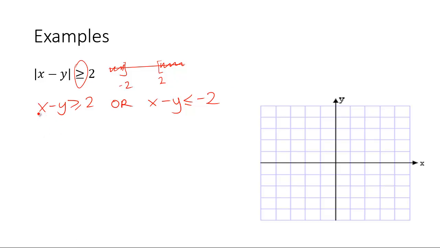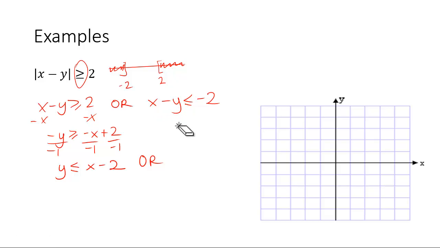So that's going to leave us with solving these again. And similarly, we get to flip the sign when we divide by -1. So y is less than or equal to x minus 2, or, and we do the same thing.